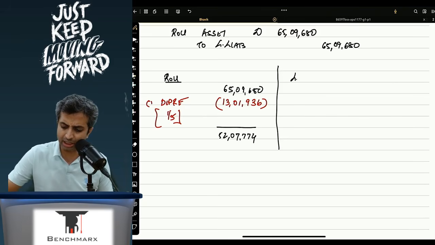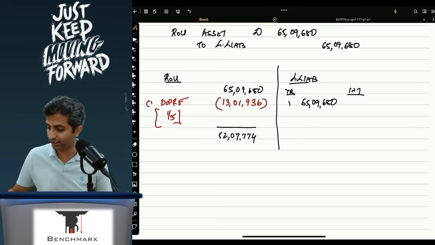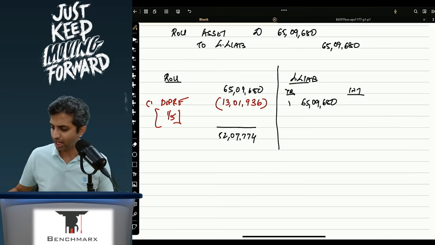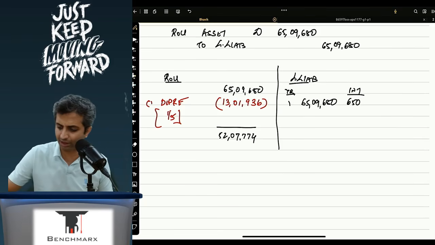Then when I look at the lease liability, I'll prepare an amortization table. So there'll be year 1, your opening balance will be 65,09,680, on which there'll be an effective interest or a finance cost, which is, let us say, into 10%. I don't need a calculator for that, but nevertheless 6,50,968, and then there will be a payment.